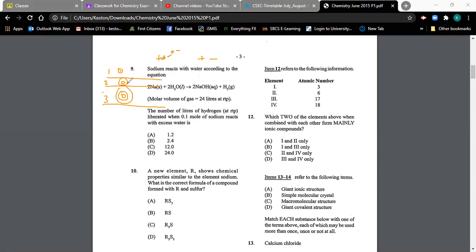But every time you go down and you get an extra shell, there's another set of electrons that is shielding the outer shell electrons from the nuclear attracting power in the center. So what happens is that the further they're away from the nucleus, the less of a pull the nucleus has on them. So it's easy for them to just drop off.